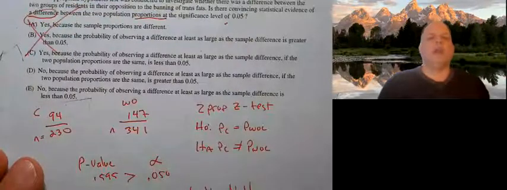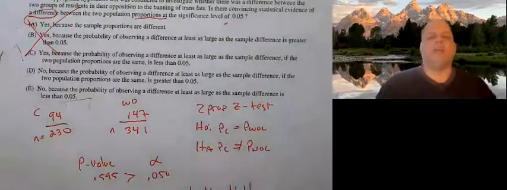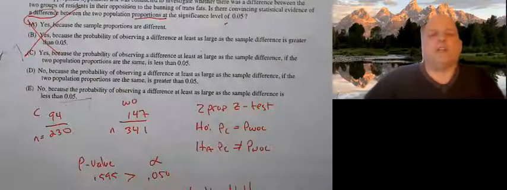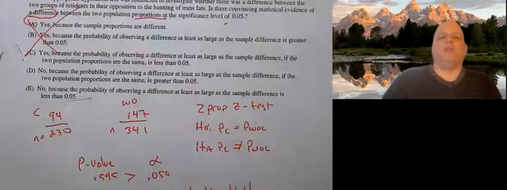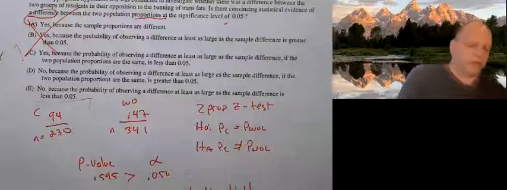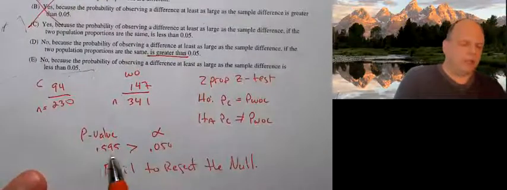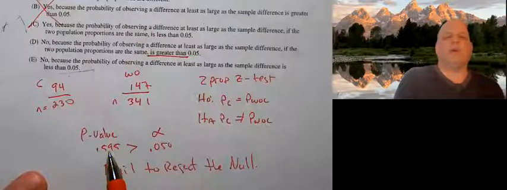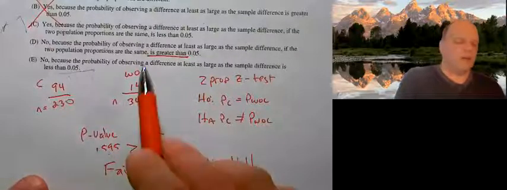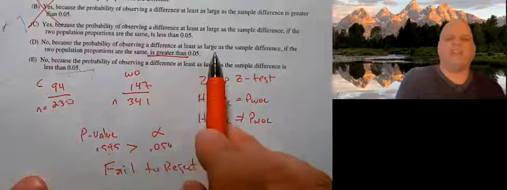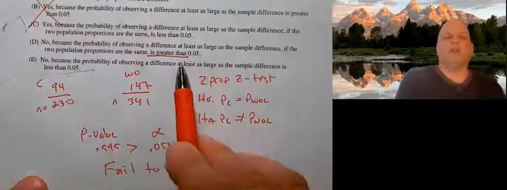And the answer is no. No, because the probability of observing a difference at least as large as the sample difference, if the two populations are the same, is greater than 0.05. Yes. Matter of fact, there's a 59.5% chance of observing a statistical difference at least as large if the two population proportions are the same.